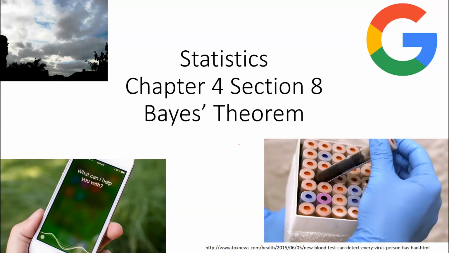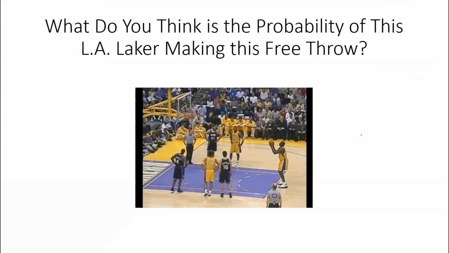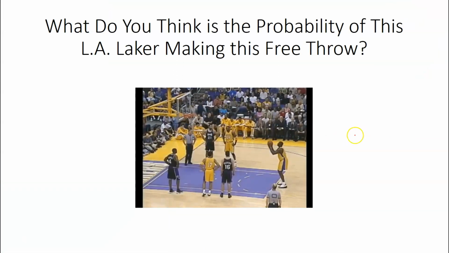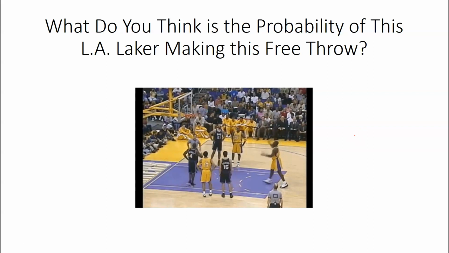In your mind, just an educated guess, what's the probability that you think a professional basketball player would make that free throw? And of course this is a GIF, so it's just going to loop through, and you're going to see, of course, because you're going to keep missing.